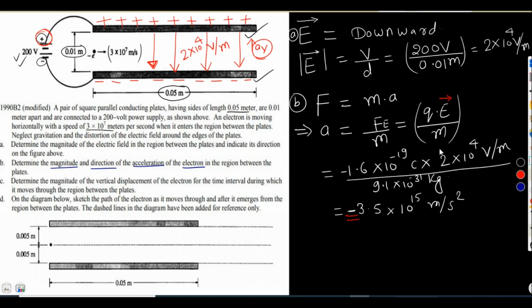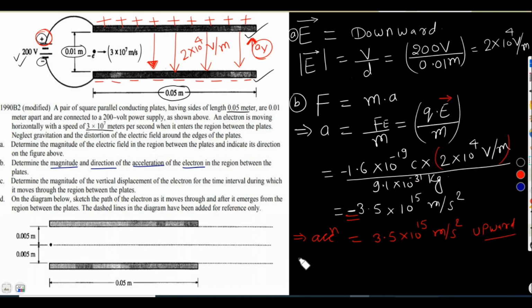With vector notation, since the electric field is downward, the force acts upward and the net acceleration will be in the y direction. That's why it's negative. We can write the acceleration as 3.5 into 10 raised to power 15 meter per second square upward. This completes our part B.